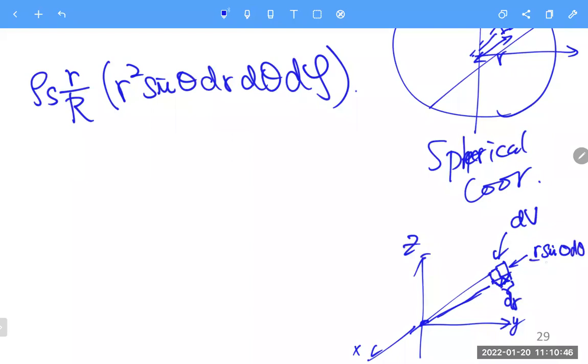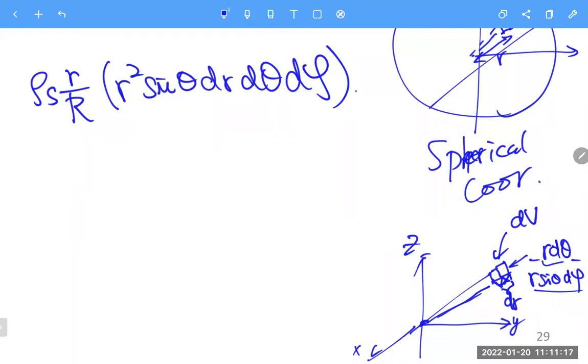R d theta is like the arc length, and then we need to take sine theta to calculate the real length. One line is r d theta, and another line is r sine theta d phi.